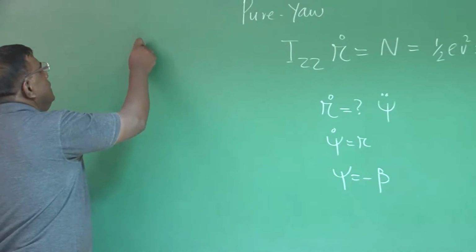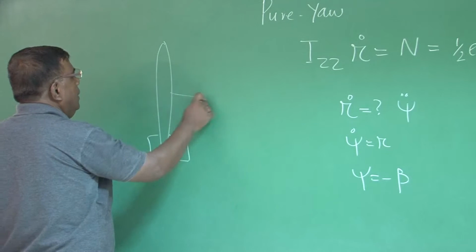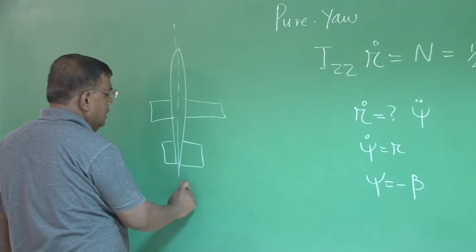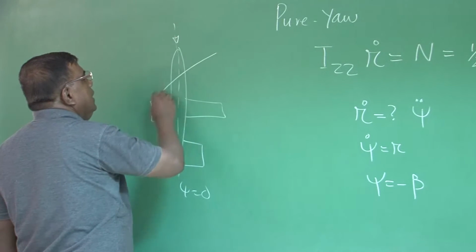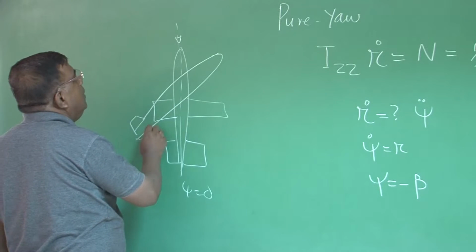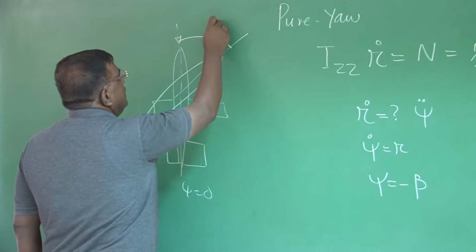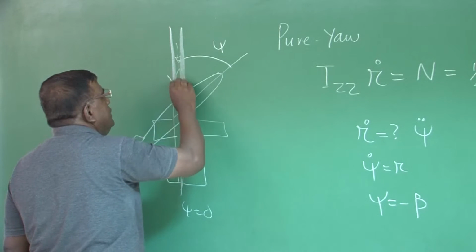Remember, if this is the airplane, this is psi equal to 0, and relative wind is coming like this. If I turn the airplane like this, then this is the psi, and the relative air is coming like this.